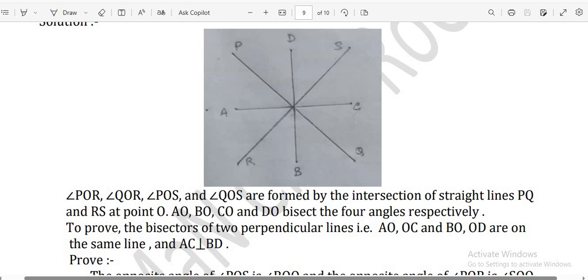To prove that the bisectors are two perpendicular lines, that is, OA, OC and OB, OD are on the same lines and AC is perpendicular to BD.